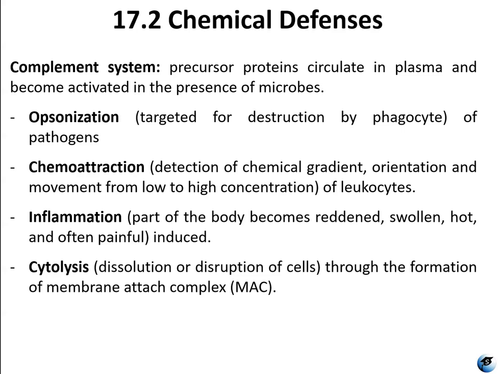Complement is activated via the classical pathway, where the antibodies activate the complement. In the alternative pathway, the pathogens or pathogenic products such as bacterial endotoxins and glycoproteins activate the complement. And in the lectin pathway, microbial polysaccharides bind to acute phase proteins.